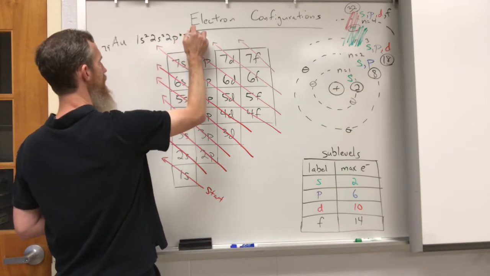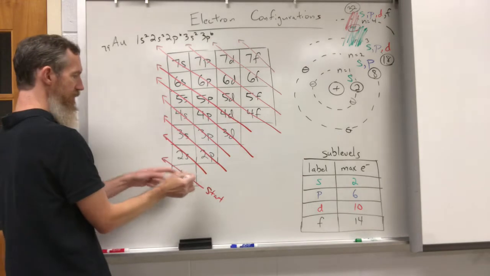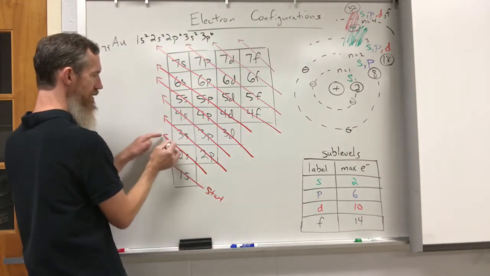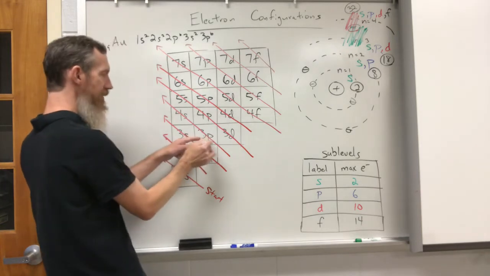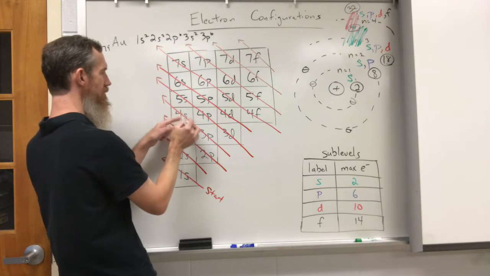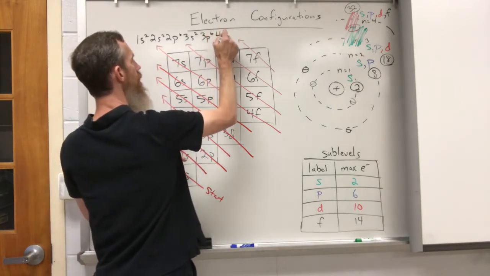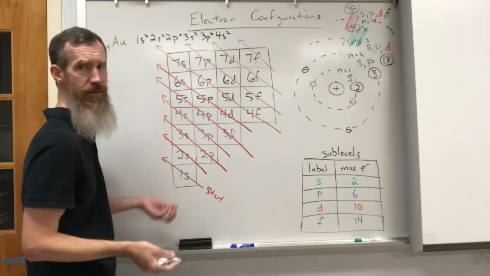Then 3s. That's 2 electrons. Then 3p. That's 6 electrons. So I went from here to here to here to here to here. And then according to the arrows, after the 3p, I go to the 4s. I'm following the arrows. That's 2 electrons. Remember, an s can only hold 2 electrons. A p can only hold 6 electrons.